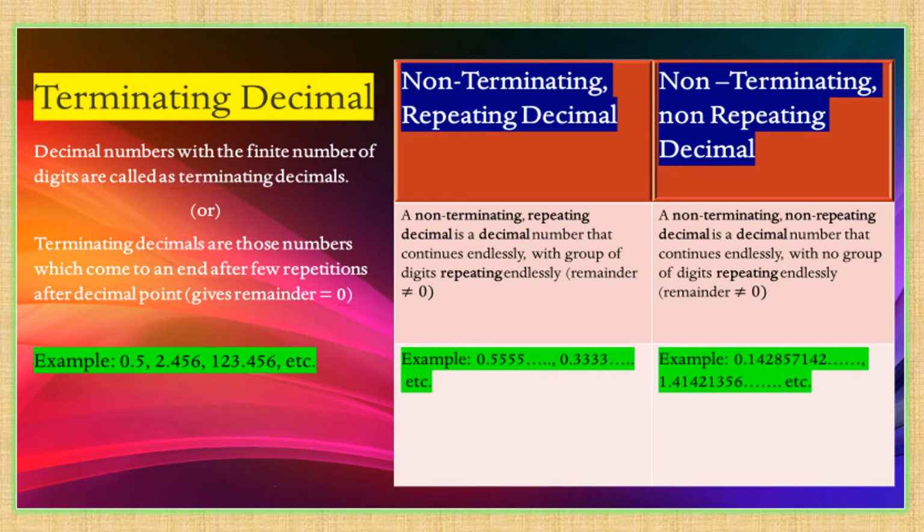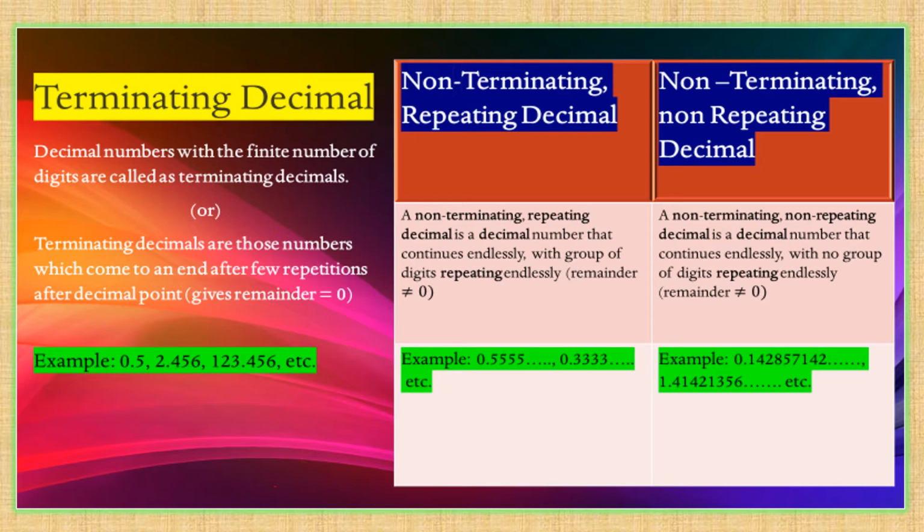Okay, let us go through this statement. Terminating decimals are those numbers which come to an end. Which come to an end means they are stopping after a few digits after the decimal point. If they are stopping at one point, then such decimals are called terminating decimals.